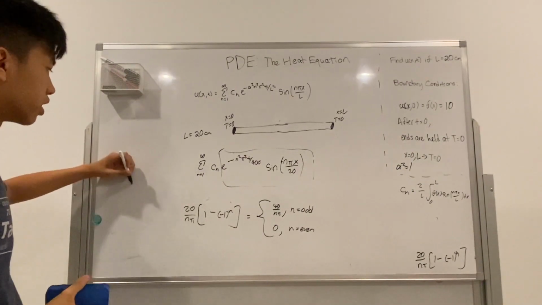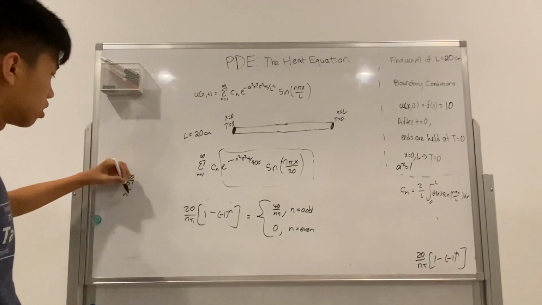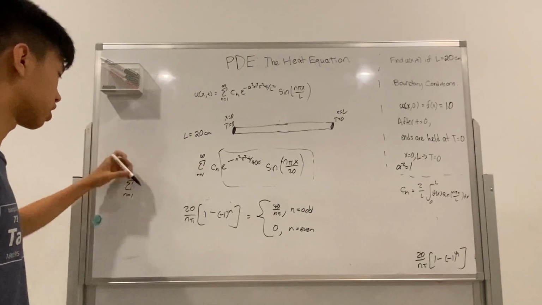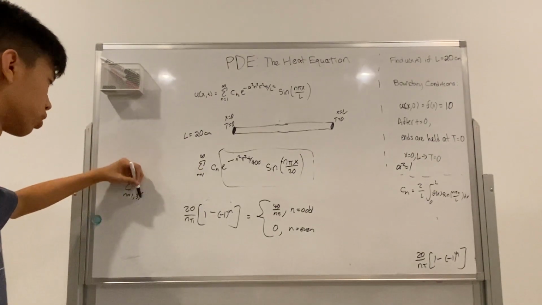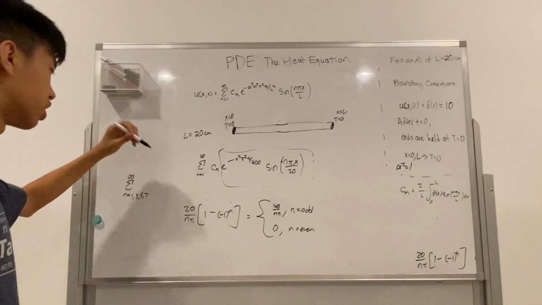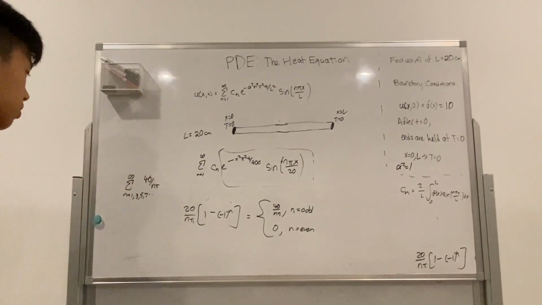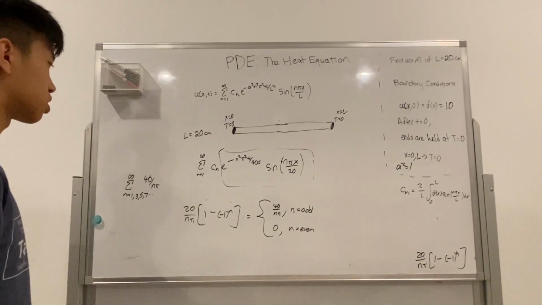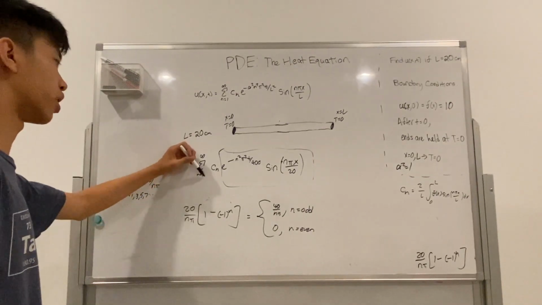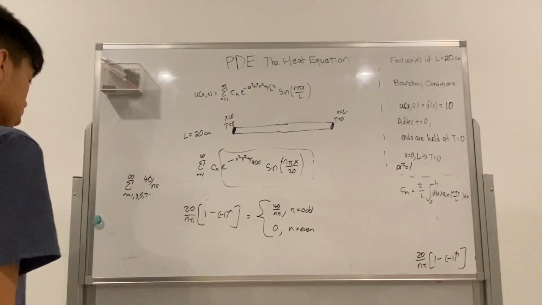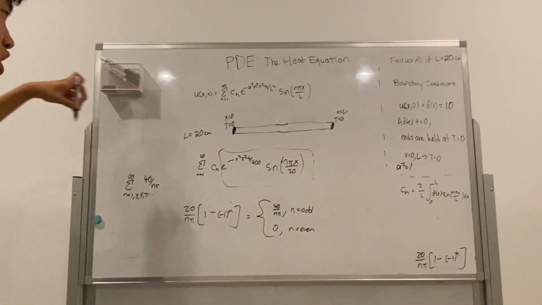You can also write this as the infinite series over all the odd numbers 1, 3, 5, 7, of just 40 over n pi. That would be perfectly fine as well. It would just kind of be annoying to write it down like that. So you can do something known as changing the index.